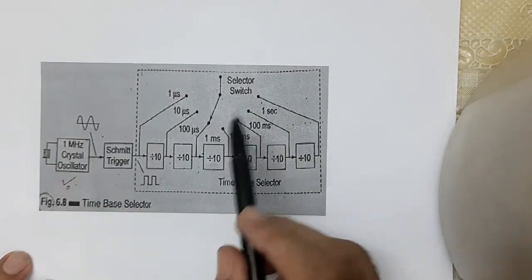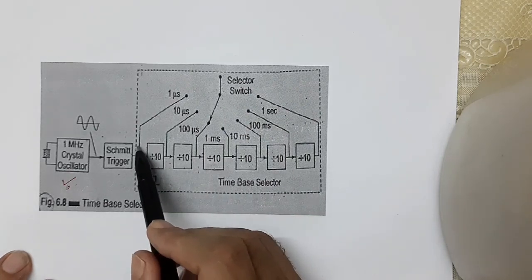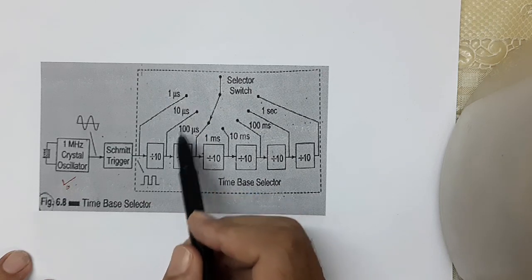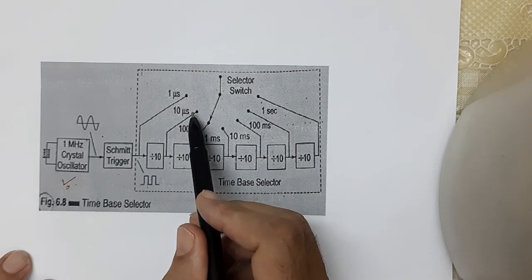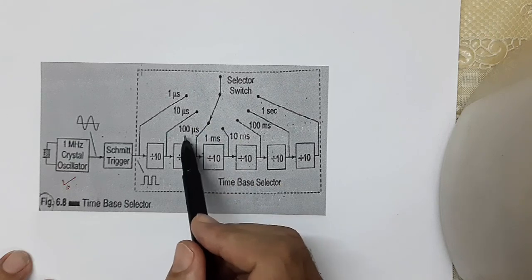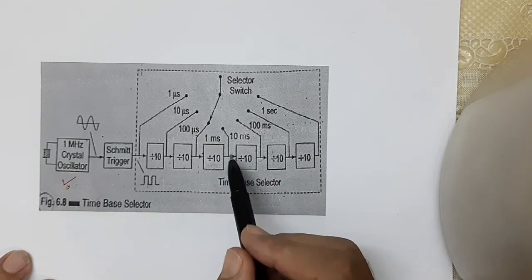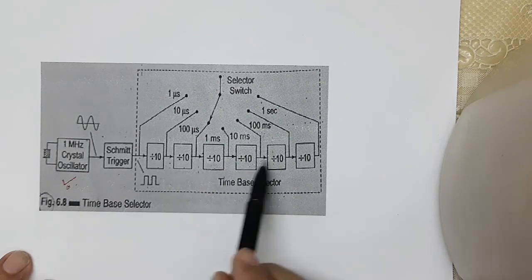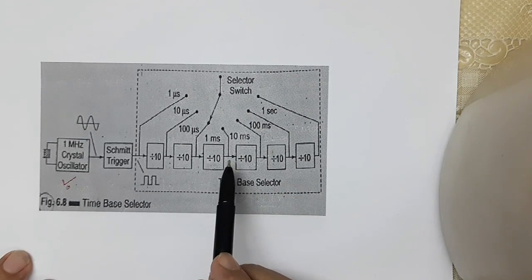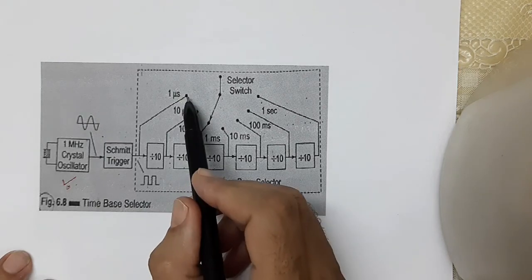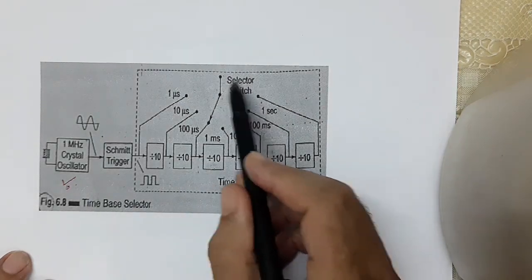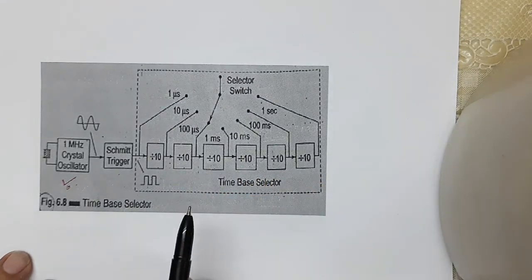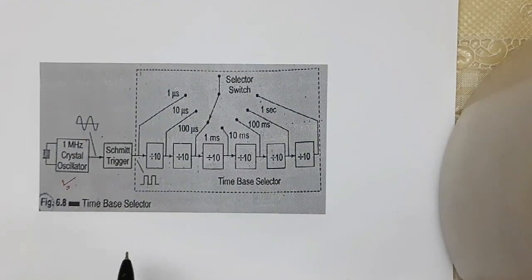So in this way, if we take the output from here, the period is 1 microsecond, from here it is 10 microsecond, from here 100 microsecond, here 1 millisecond. So this is your selector switch. Whatever value we select, either 1 microsecond or 1 second, depends upon which terminal is connected to the other circuit.